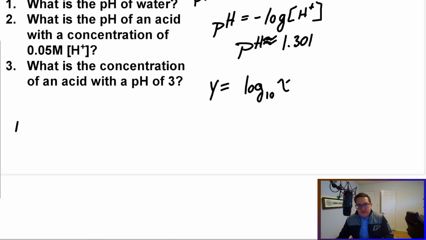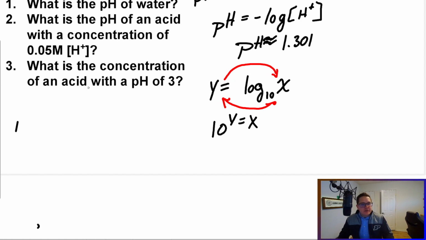We can rewrite this as 10 to the power of y equals x. We're going to have to rewrite our formula for the next one. This is a refresher.